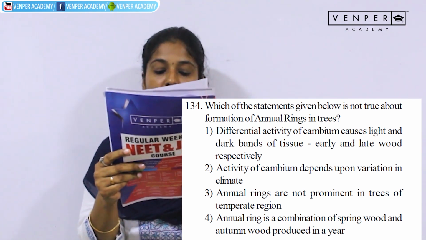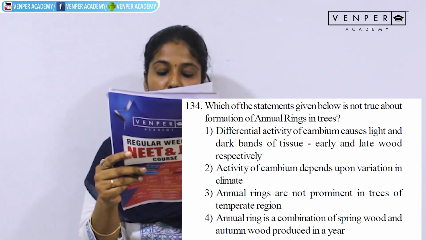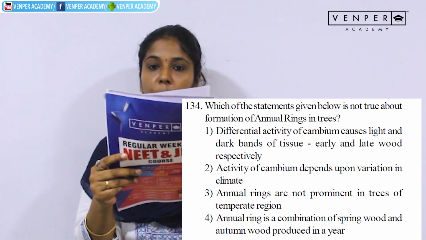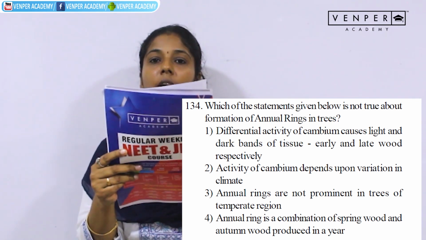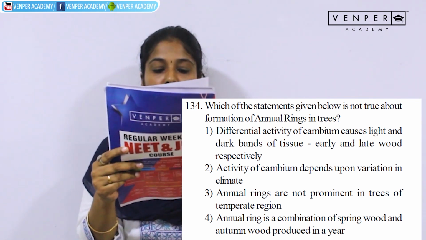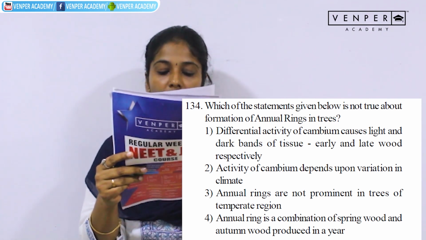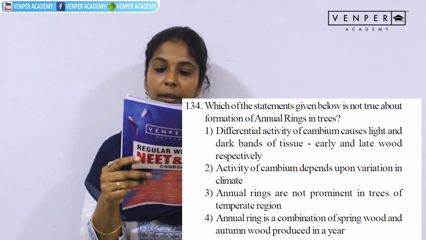Option 3, annual rings are not prominent in trees of temperate region. Option 4, annual ring is a combination of spring wood and autumn wood produced in a year. Among the 4 options, 3 options are correct and 1 option is wrong. So the incorrect option is option number 3. Annual rings are not prominent in trees of temperate region.